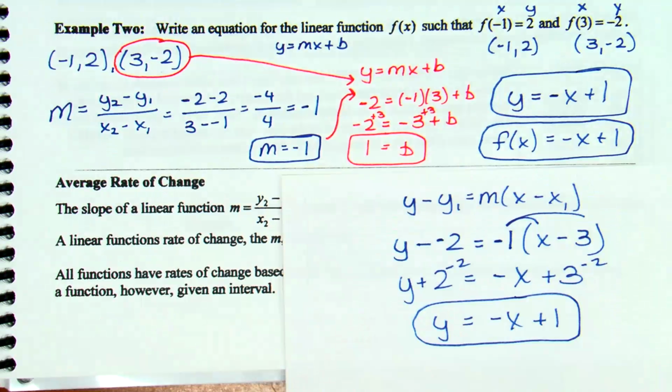I'm not going to grade whether you used y equals mx plus b to find b, or did the point slope and y minus y equals m times x minus x. So, your choice there, I just wanted to show both, if you don't mind. Okay, I'll let you guys get that down. Questions on that section then?